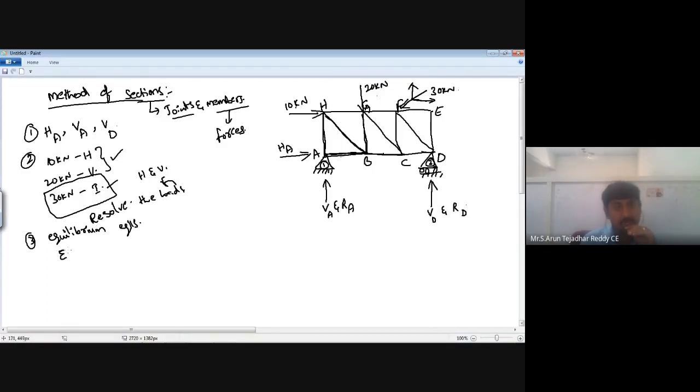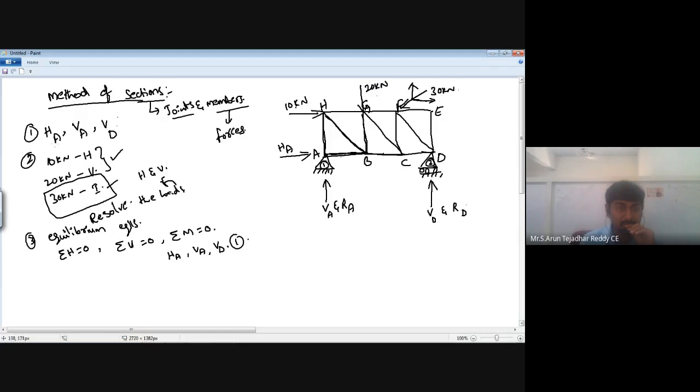Summation of horizontal force is equal to 0. Summation of vertical force is equal to 0. Summation of moment is equal to 0. So by using the horizontal, vertical and moment, we can calculate HA, VA and VD.